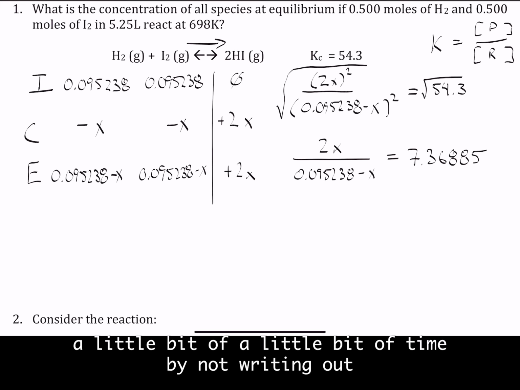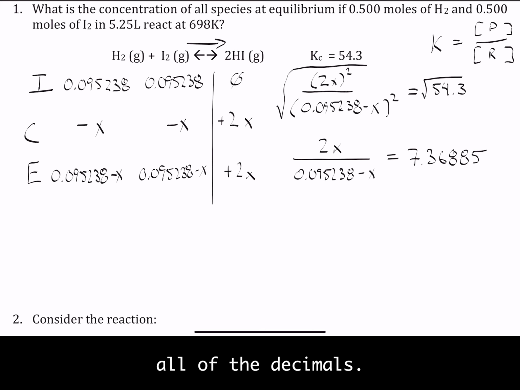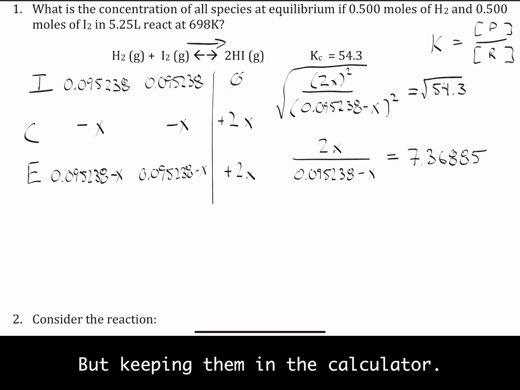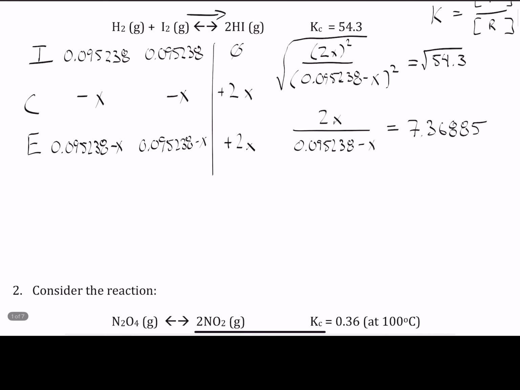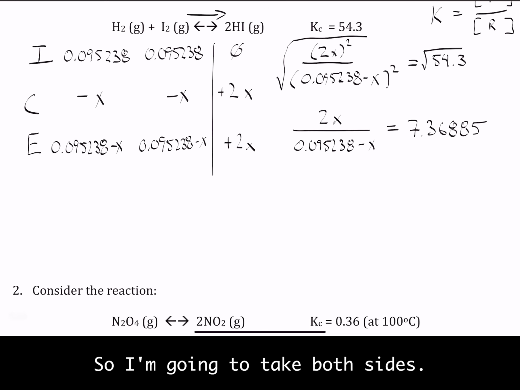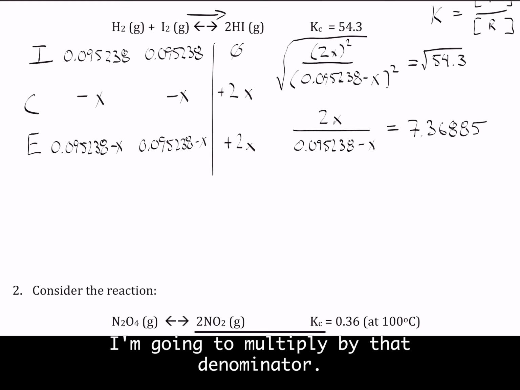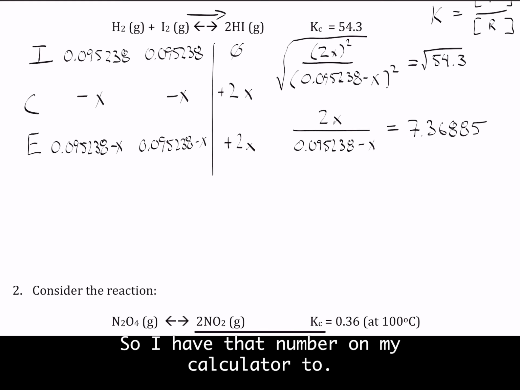Again, trying to save a little bit of time by not writing out all of the decimals, but keeping them in the calculator. So now we just solve for x. I'm going to take both sides and multiply by that denominator. Actually, I have that number in my calculator too.